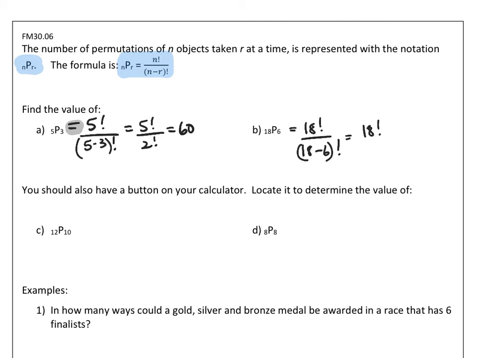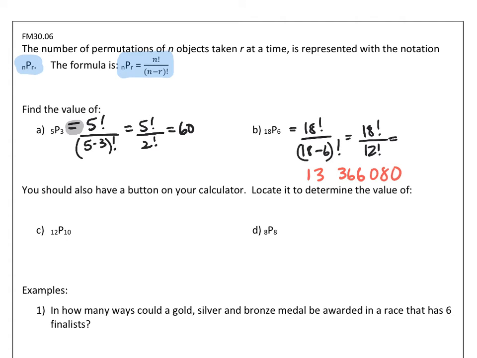So that's 18 factorial over 12 factorial. You punch that into your calculator and it's going to give you, I'm just going to go down here because it's a big number, 13,366,080. Okay, so very large number of ways.